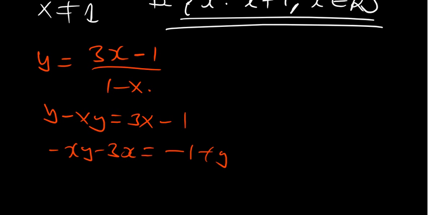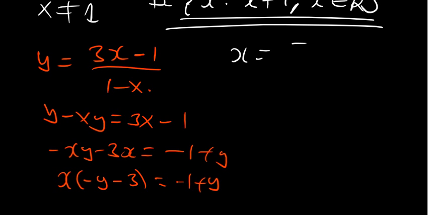Okay? I want to make x the subject of the formula. What do we do? I'm going to factor out x. Open bracket. Here I'm going to have negative y minus 3 has to be equal to negative 1 plus y. This is going to give me x equal to negative 1 plus y, everything divided by negative y minus 3.